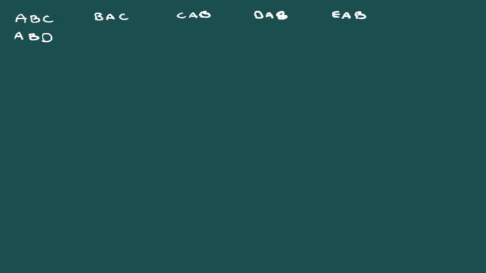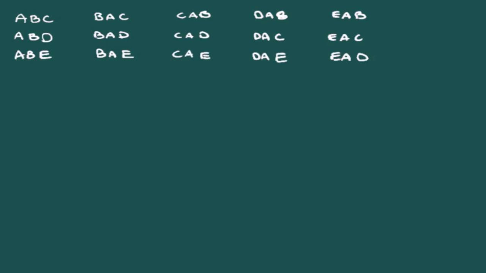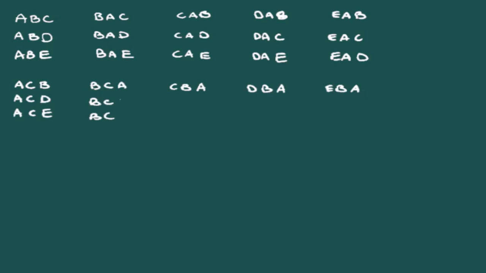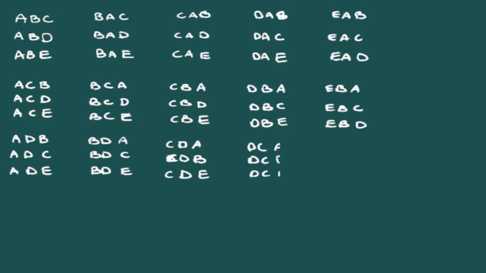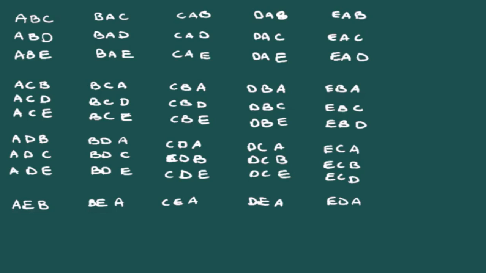And now we begin to see that it really doesn't take very long for the number of possibilities to get pretty large. What we're seeing here is a systematic listing of all 60 of those possibilities. Now, we can go a little further. Suppose we didn't want just 3-letter sequences, we wanted 4-letter sequences. Well, now we're adding on another case, and so our numbers keep getting bigger and bigger.